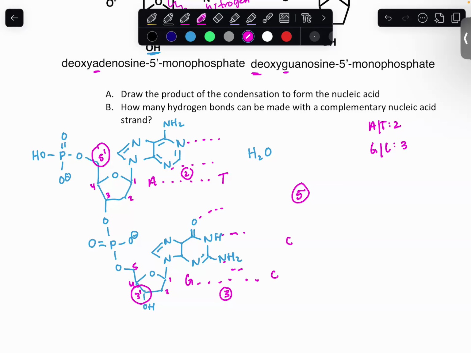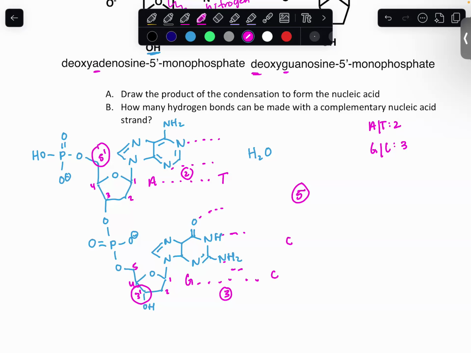This is the last question that was on the problem set. So if you have other questions, what's up? So in this one, you could have drawn it either way. You could have drawn AG or GA, but the 5' end is this carbon that's off of the sugar ring.